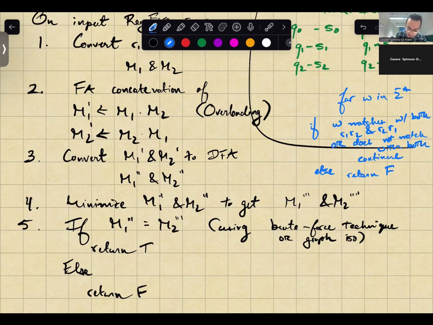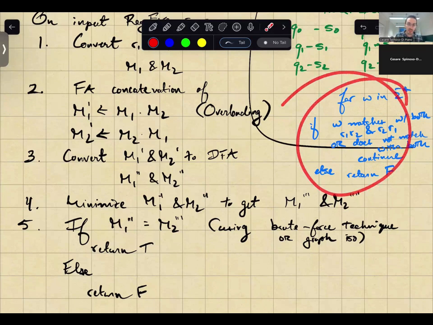But if the two regular expressions are equivalent, then this for loop is just going to loop forever, right? It's always going to say continue here, because for every string, it's going to find that I either match with both or I don't match with either, because they're the same, right? So this infinite for loop doesn't work. And so instead, we have a finite procedure for what at first glance seems like an infinite loop.